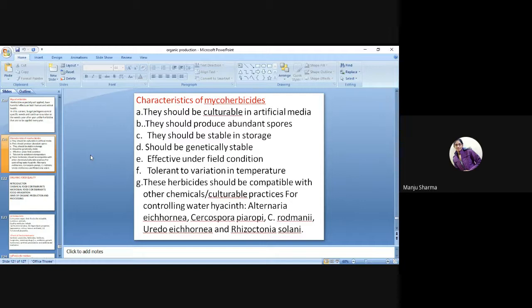That's why they should be cultivable in artificial medium. Basically, they should also be tolerant to variation in temperature, and these herbicides should be compatible with other chemicals for controlling weeds. So these are the species of mycoherbicides.